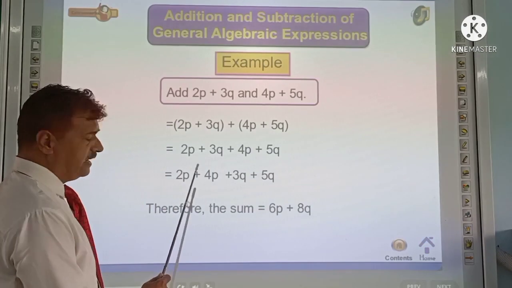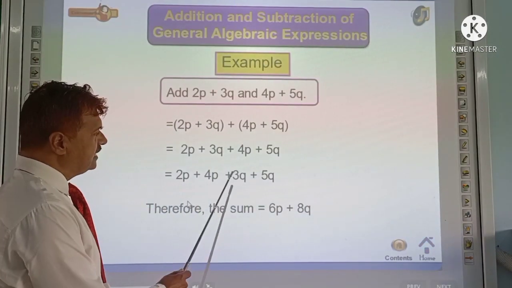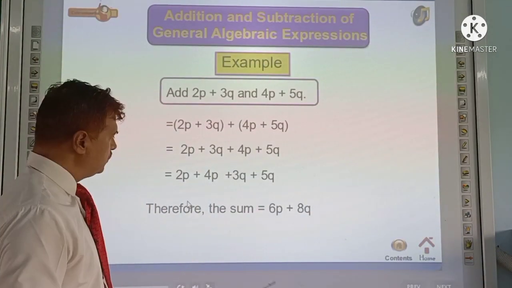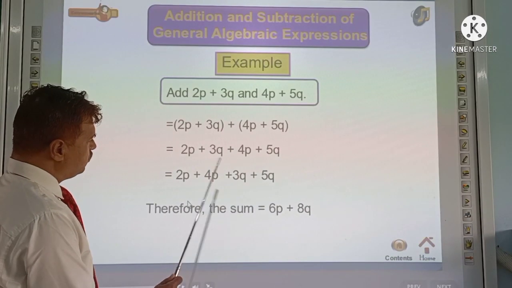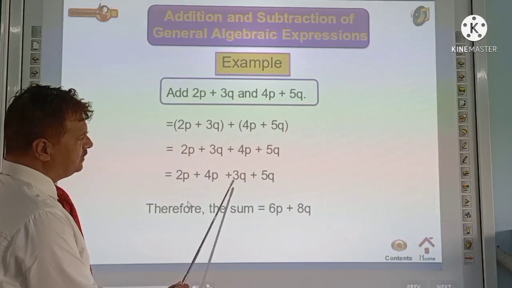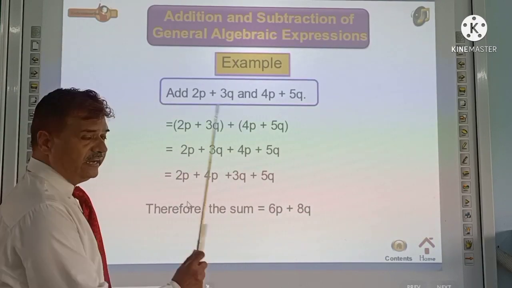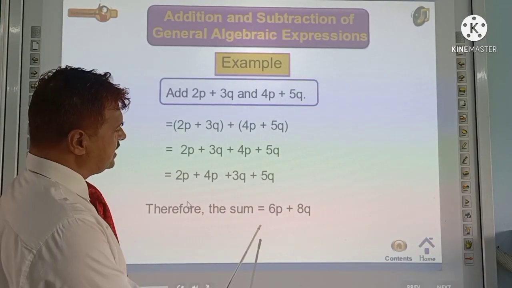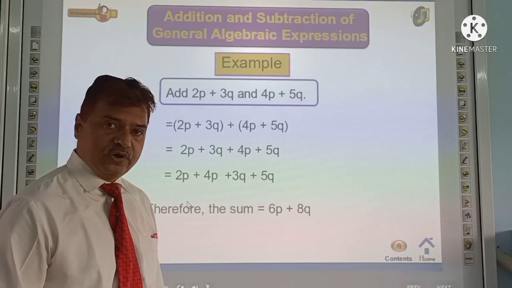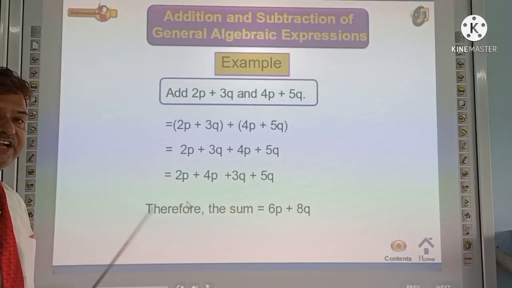So 2p will be added to 4p, 3q will be added to 5q. 2p plus 4p is equal to 6p, 3q plus 5q is equal to 8q. So our answer is 6p plus 8q. Okay? You can note down it.